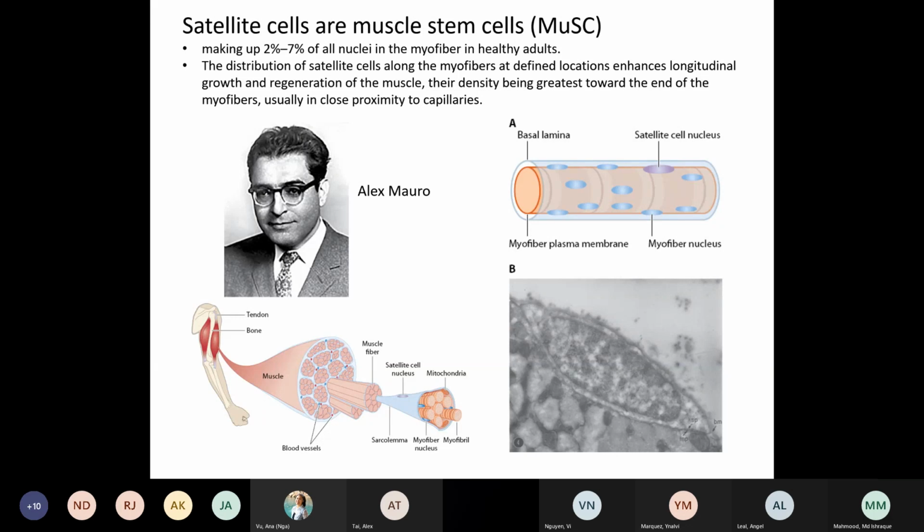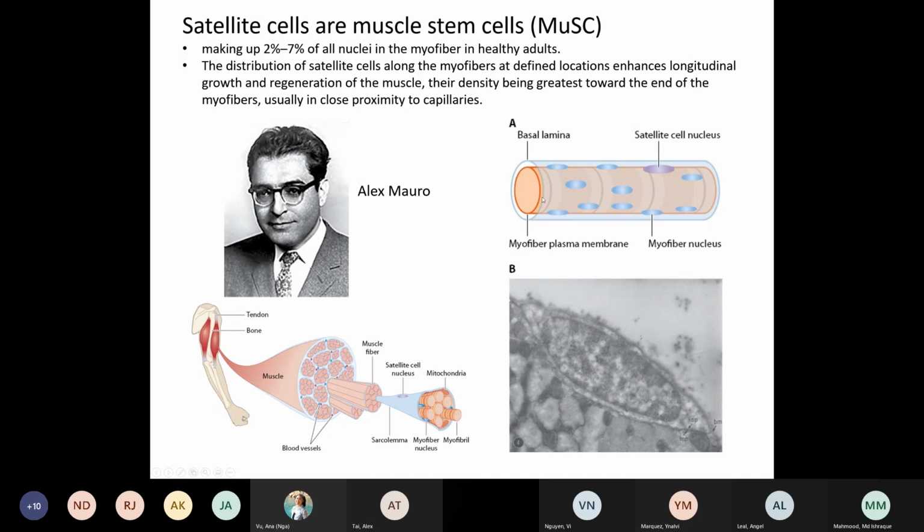So that's why the muscles, no matter new or old, always have a lot of nuclei. It's because satellite cells are single nucleus. But when many of them fuse together, now you have myofibers, and in myofiber you have a lot of nuclei. As shown here, the blue colored are just nuclei, a lot of nuclei there, right?